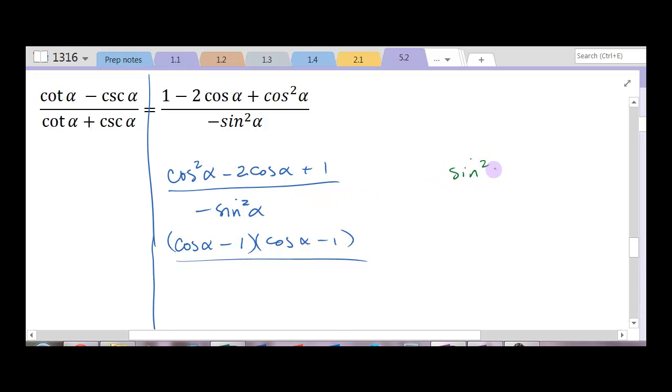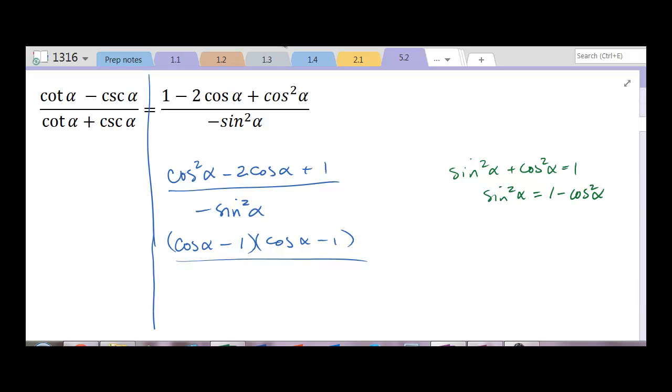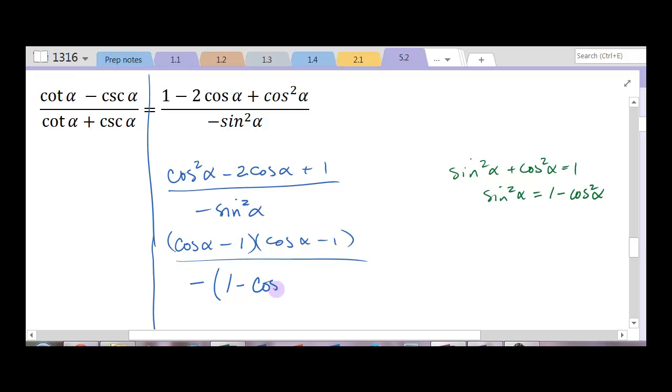Remember, sine squared plus cosine squared equals 1 is the Pythagorean identity, and if I solved that for sine squared, I would have sine squared equals 1 minus cosine squared. So I could replace sine squared with 1 minus cosine squared in the denominator. So we have a negative here, 1 minus cosine squared in the denominator.